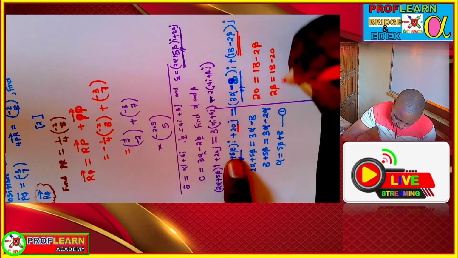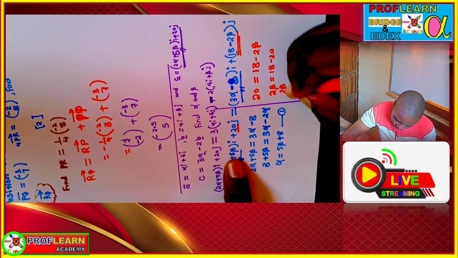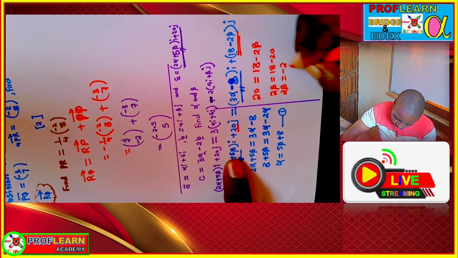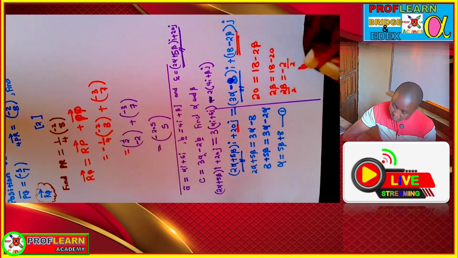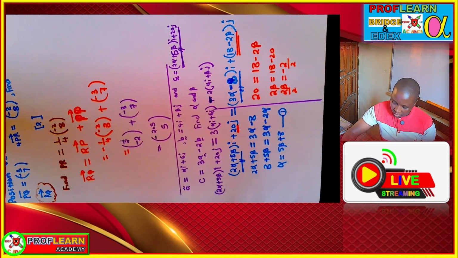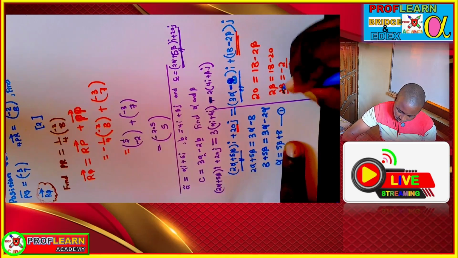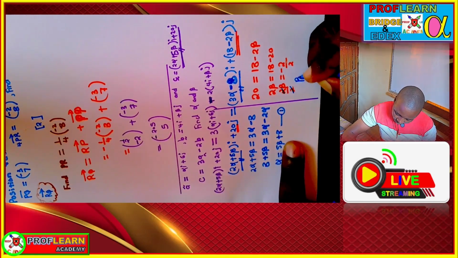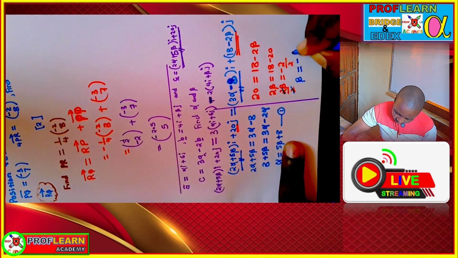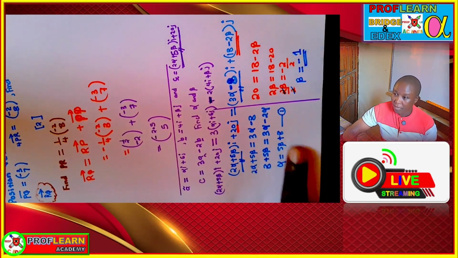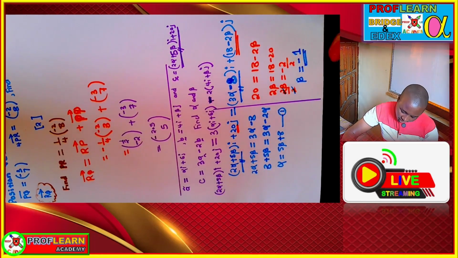So which means that we are going to have beta is equals to -2 divided by 2. At that point of time, you can see that this guy and this guy will cancel out, and our beta is going to translate to be -1. We shall have our beta as -1.